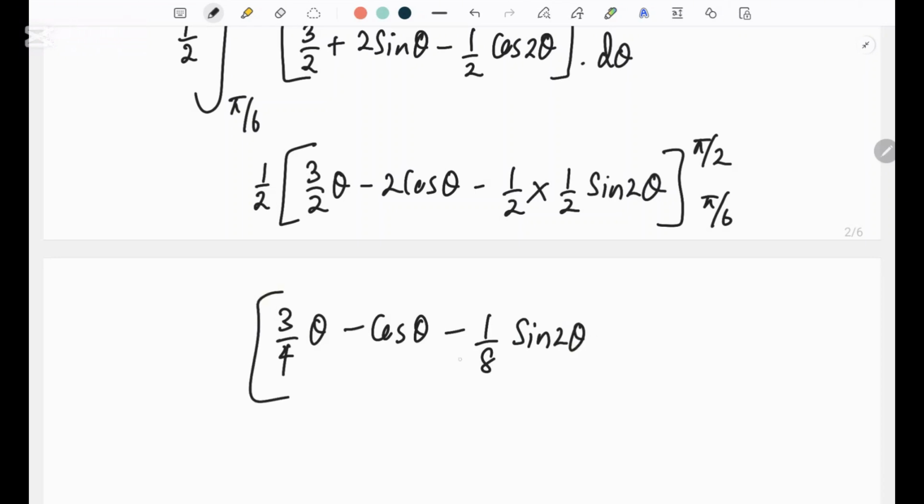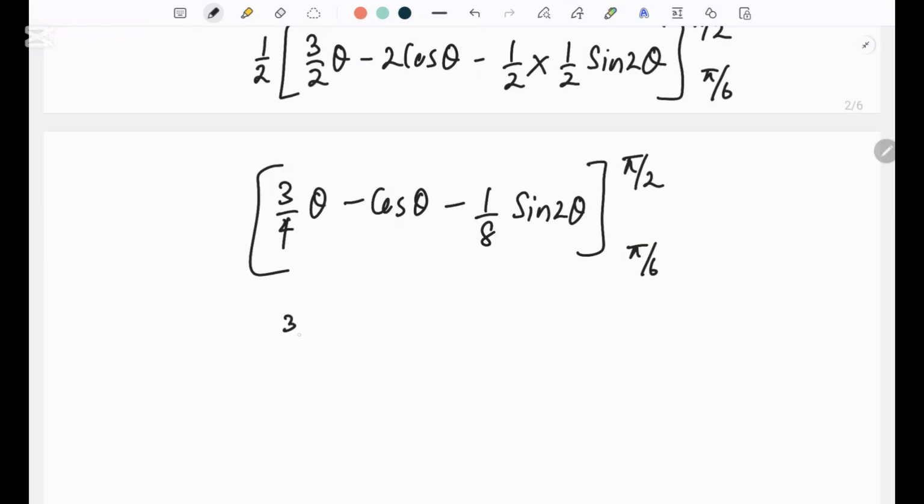So I'm going to put my values in now and let's see what we get. I get 3 over 8 pi when I substitute pi over 2, because cos pi over 2 and sine 2 times pi over 2 is 0, so that won't matter. Minus 3 over 24 pi when you substitute pi over 6.